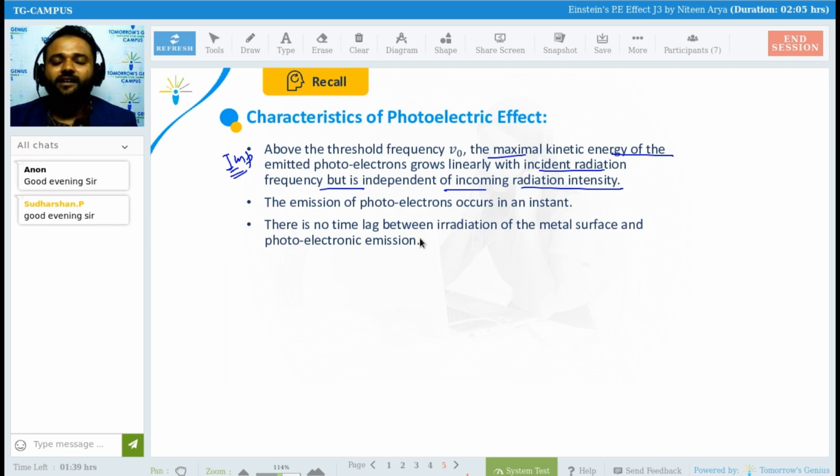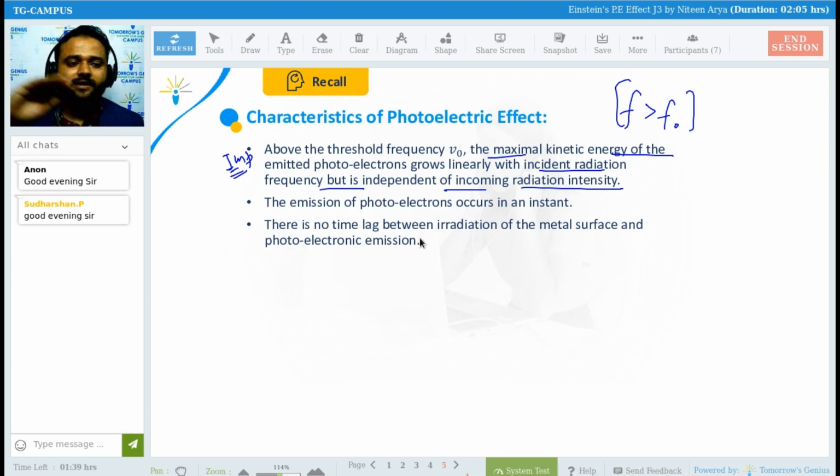Once your frequency is above the threshold frequency, the kinetic energy increases as per the incident radiation frequency, but is independent of intensity. Your kinetic energy does not depend on intensity. The number of photoelectrons does, but kinetic energy does not.